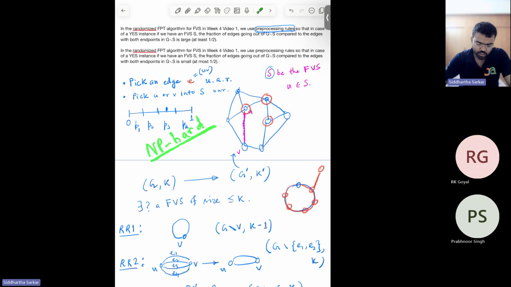So there is a good chance that for many instances, the greedy algorithm will give a very bad solution. Even if there is a k-sized FVS, the greedy algorithm will fail to find it because of the inherent hardness of the problem, which is known because of its NP-completeness.